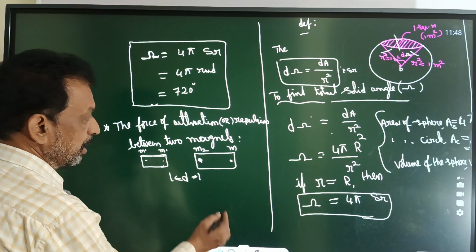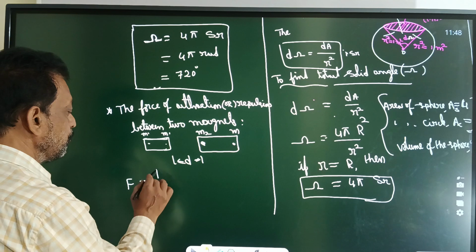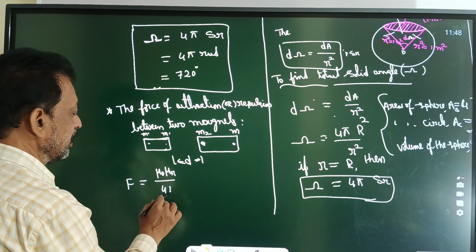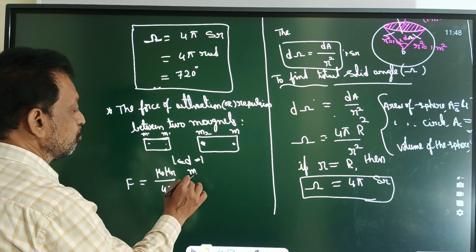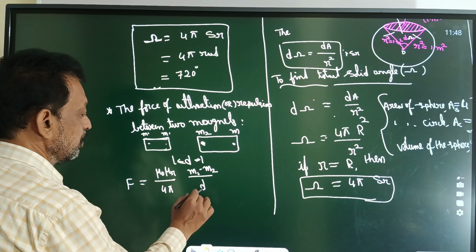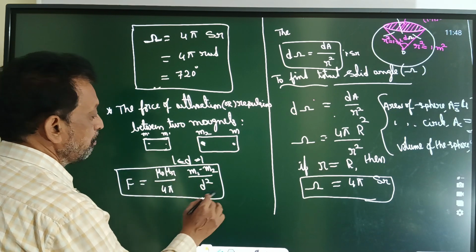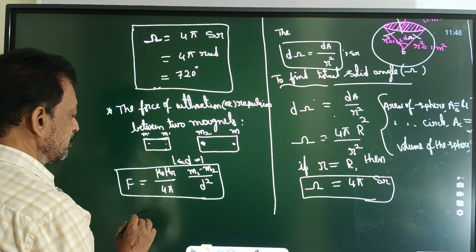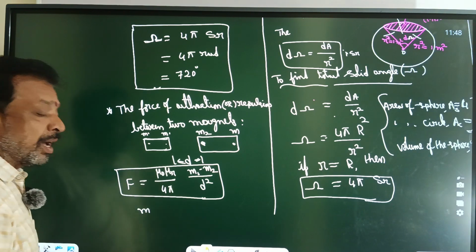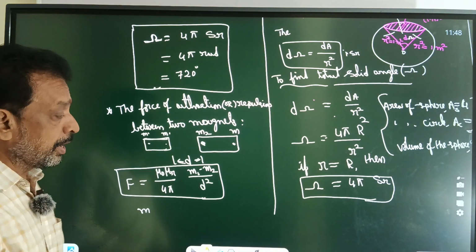All of you know this formula. F is equal to mu naught by 4 pi into M1 M2 by r square. These are not masses, they are pole strengths. What is the unit of pole strength? Ampere meter, or Weber.